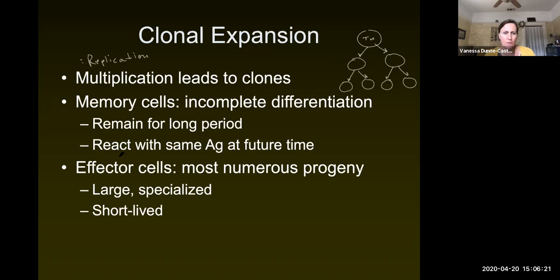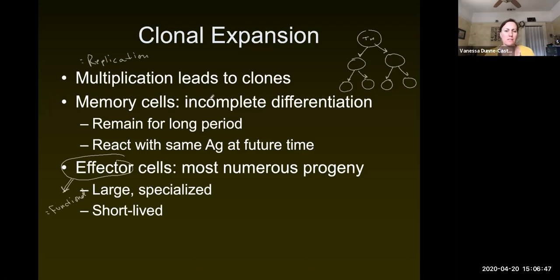That means that they go and they do something, right? These are the most numerous progeny. They're actually larger in size than their undifferentiated counterparts, the naive cells, but they're only short-lived. They go and do something. Effector cells means functional. They have some kind of function. They go out and do some kind of function.